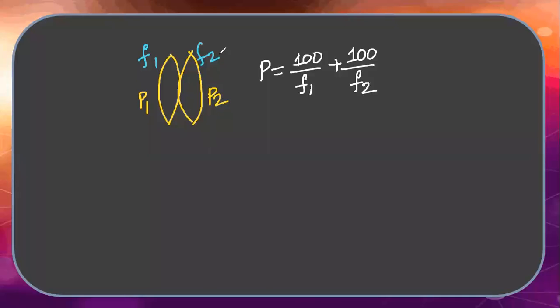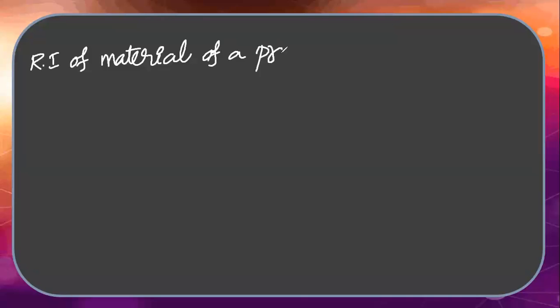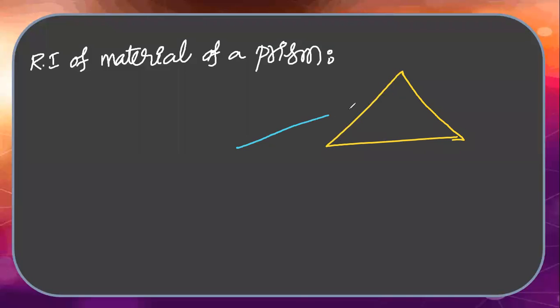Then, the refractive index of the material of a prism. Let us suppose a prism. If the light ray is incident on the prism like this, we take the refracted ray and the emergent light ray.